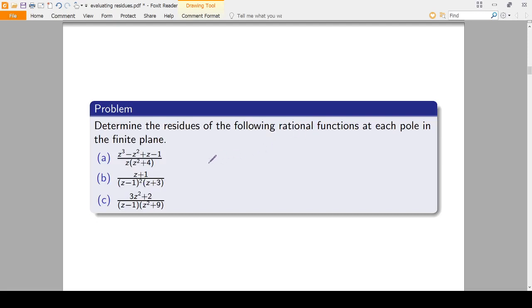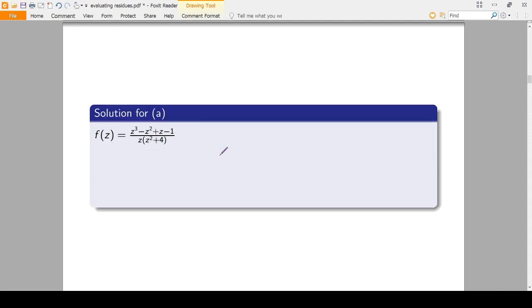So now here we have three problems and we have to calculate the residues of these three problems. So now when you move to the first problem, f of z is taken as z cube minus z squared plus z minus 1 by z into z squared plus 4.